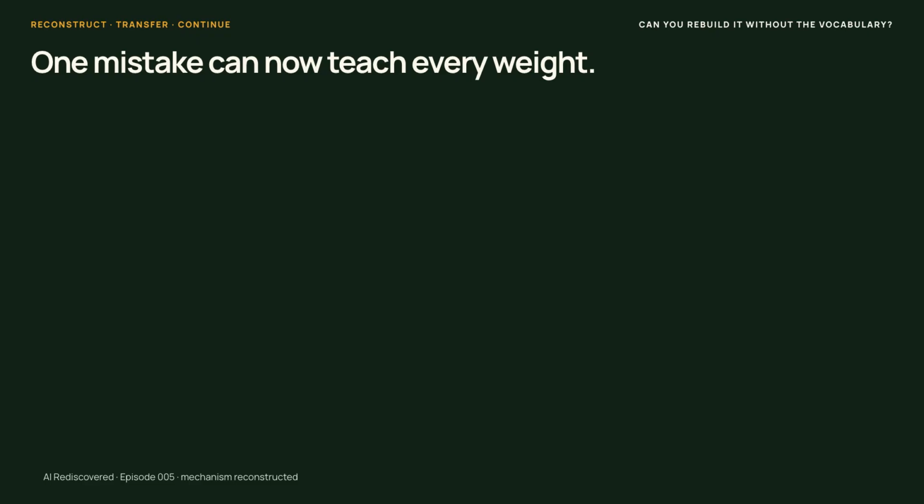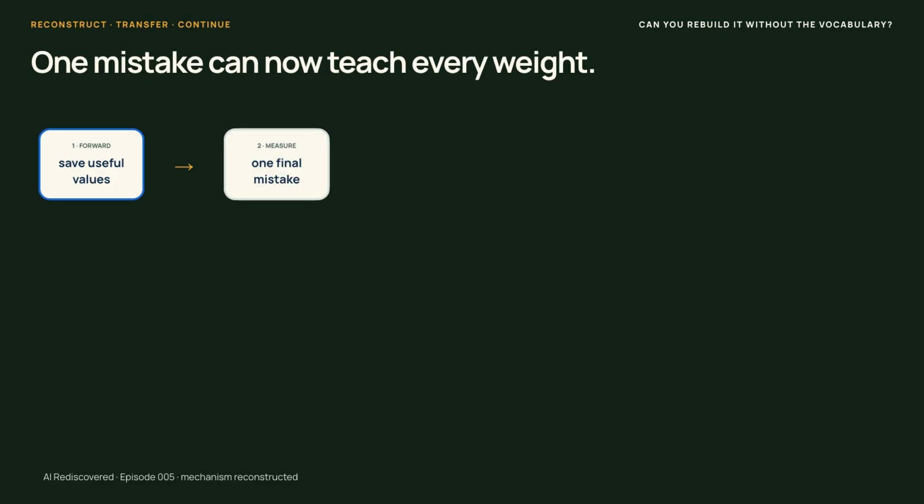Before we finish, rebuild the idea without its formal vocabulary. Follow the model forward and save the useful intermediate values. Measure one final mistake. Start where that mistake is visible. Ask how a tiny change would affect it.